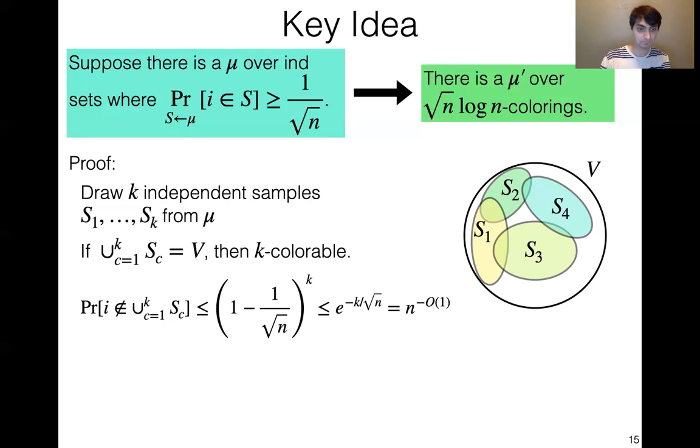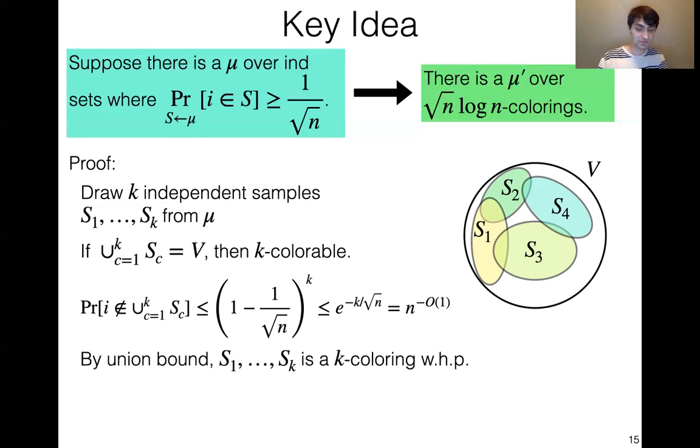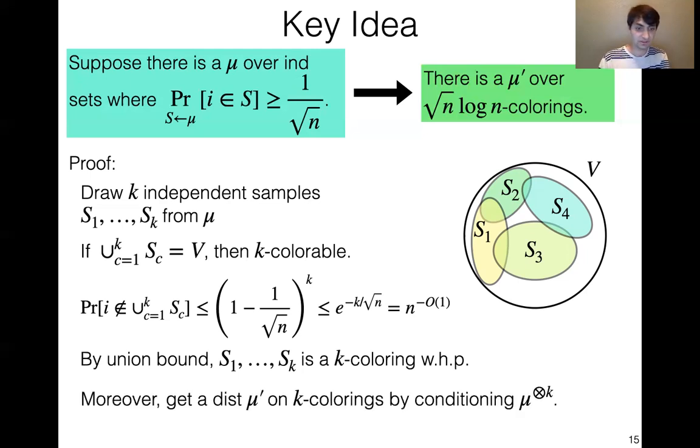And so we just union bound, and we then get that the independent samples we drew give a k-coloring with high probability. Moreover, we actually get a distribution mu prime on such k-colorings just by conditioning the distribution where we drew independent samples on this event.